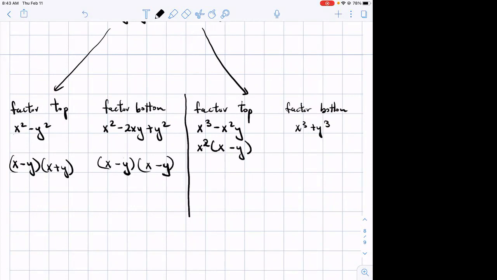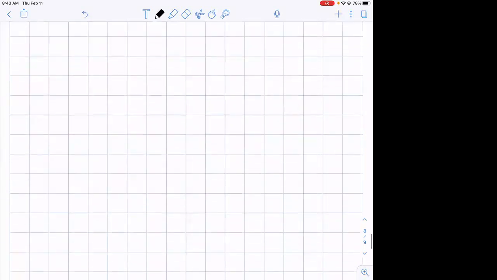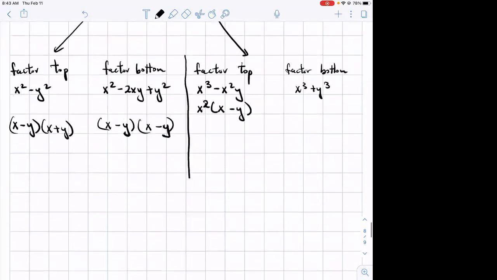And on x cubed plus y cubed, that's the cubic formula. So if I simplify that, I know this becomes x plus y times x squared minus xy plus y squared.